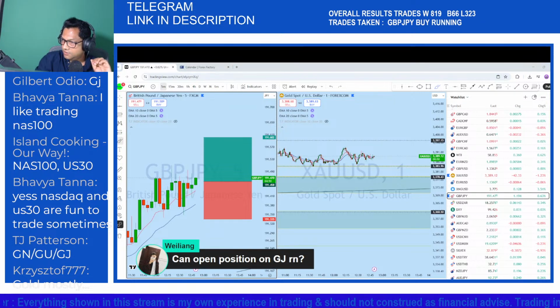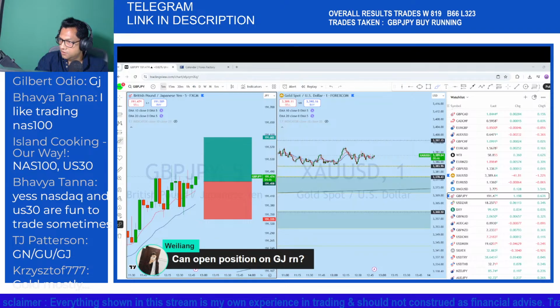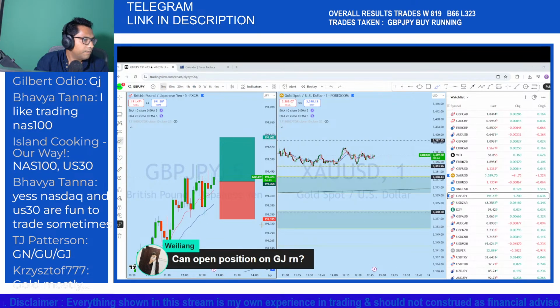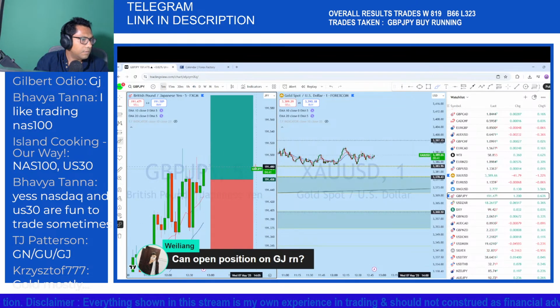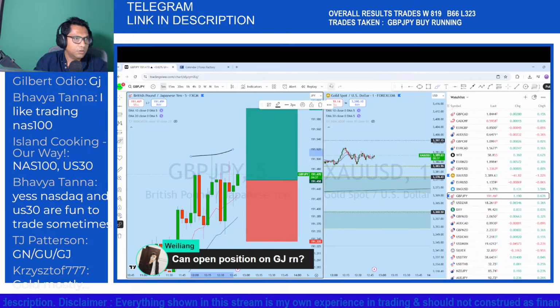All right, let's keep holding it for some more directional move. Okay, so we are running GBP JPY, expecting it to return.